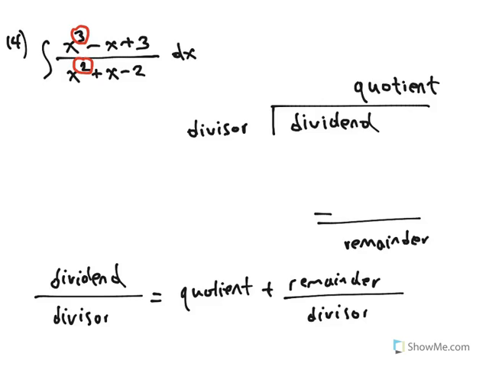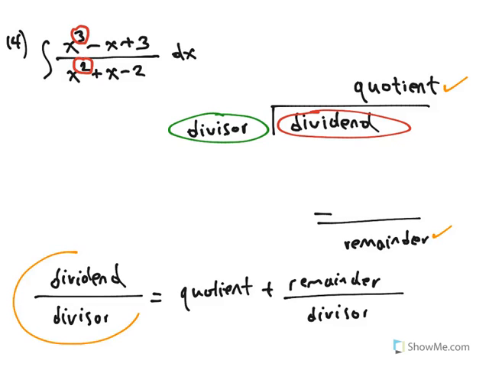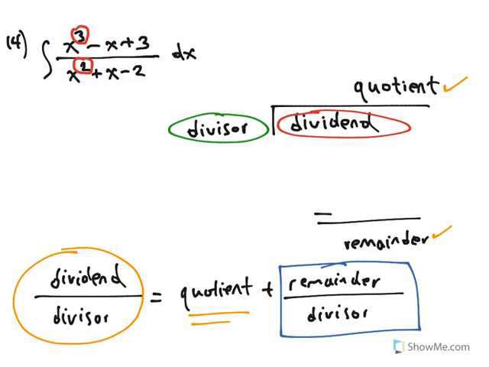So we have to begin with polynomial long division, where our dividend is the numerator, our divisor is the denominator, and after we divide, we will have a quotient and a remainder, and we can rewrite the integrand as quotient plus remainder over divisor. And it is this part that we will apply partial fraction decomposition to, and the other part we should be able to integrate using other methods.